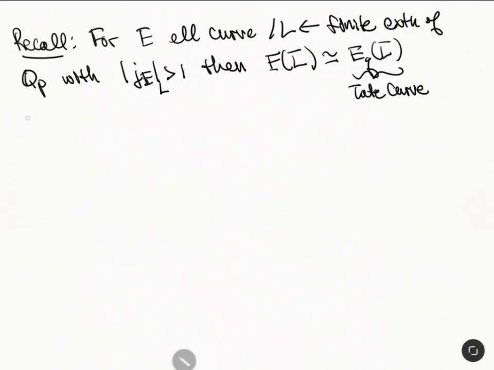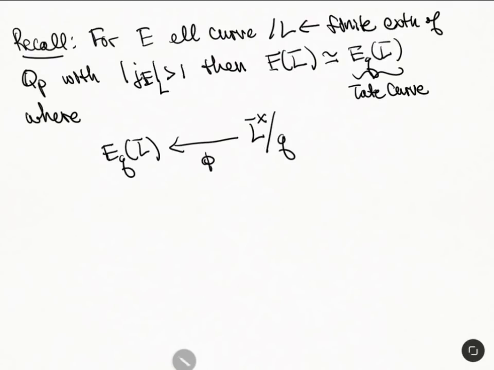And here E_q of L, there's a map, let's call this phi, to L bar cross modulo q to the Z, for some q called the Tate parameter.